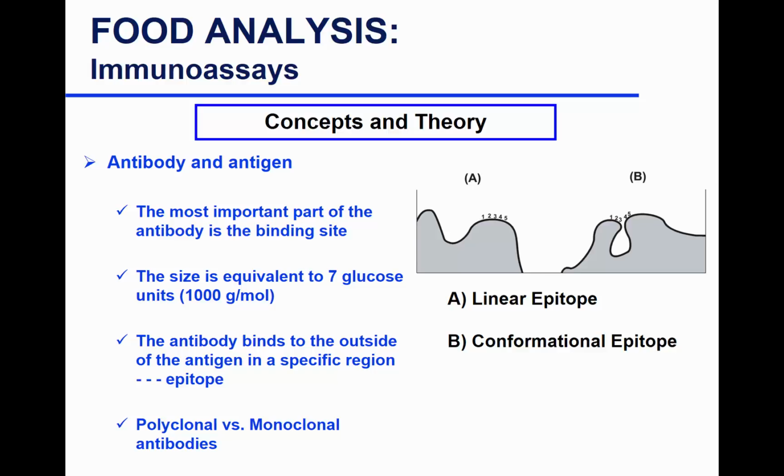So antibodies can interact directly with just a linear sequence, or it can have 1, 2, 3 amino acids in one area that come close to another 2 amino acids in a different area on the protein because of folding, and then it becomes 1, 2, 3, 4, 5, and that would become an epitope to an antibody. This is called conformational epitope. This is called linear epitope.